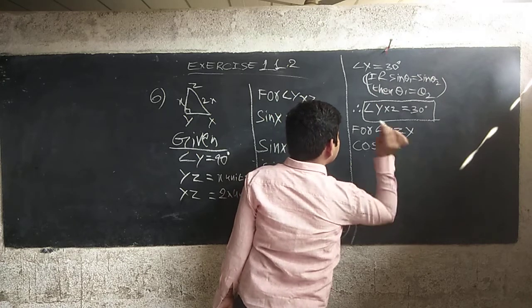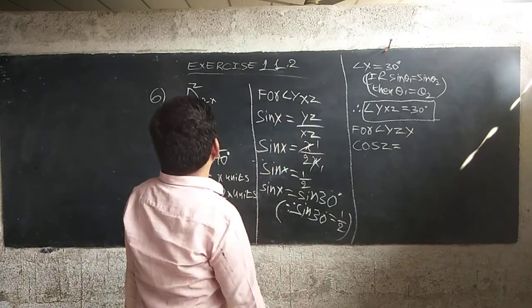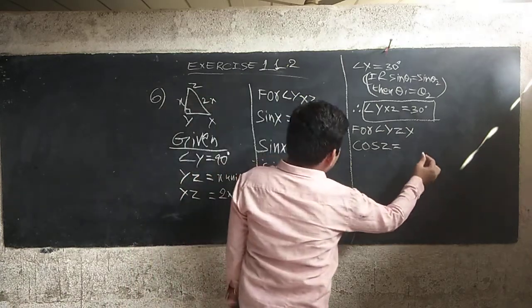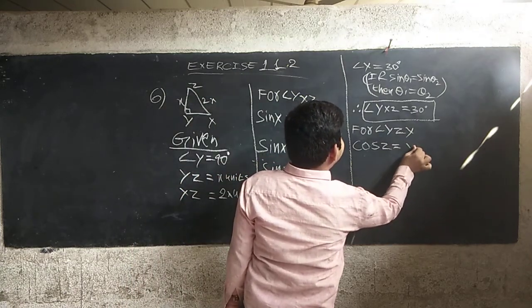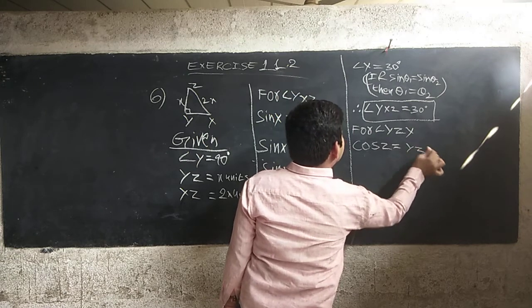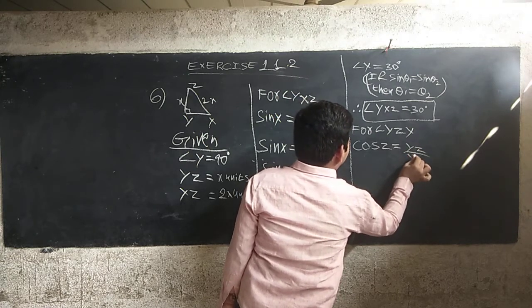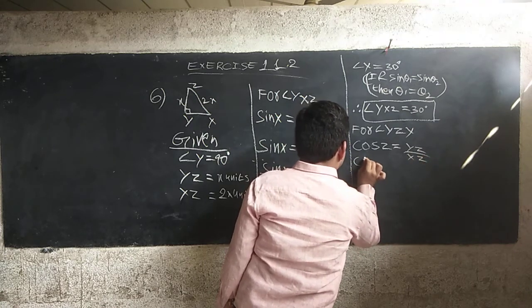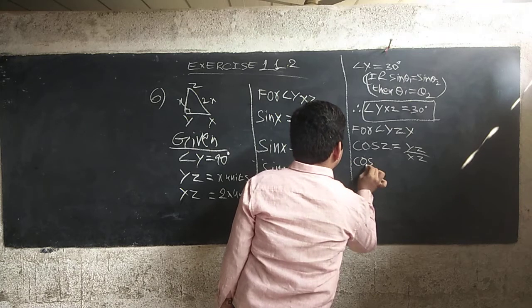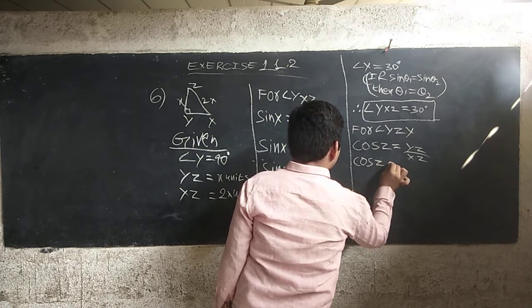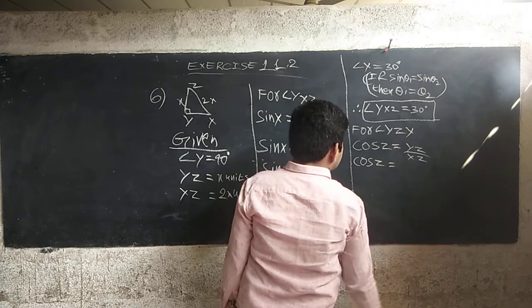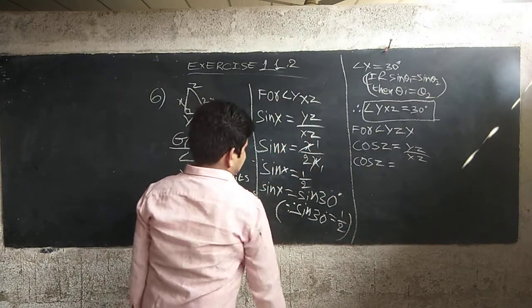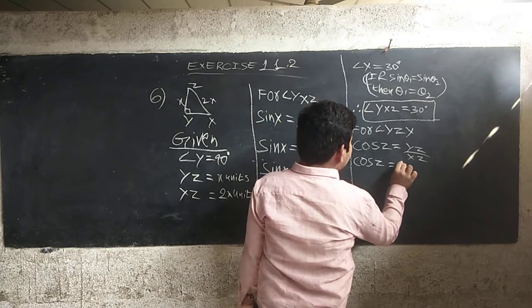So cos z equals yz by xz. Now yz equals x and xz equals 2x, so cos z equals x by 2x.